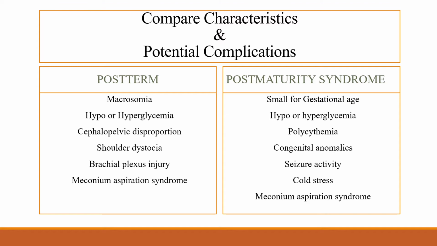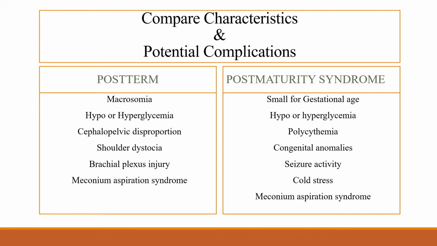They may have shoulder dystocia, brachial plexus injury, and they may even be susceptible to meconium aspiration syndrome. As the babies become very stressed when they are post-term in utero, their anal sphincter may relax and they may pass their meconium, which is their first bowel movement, into the amniotic fluid.